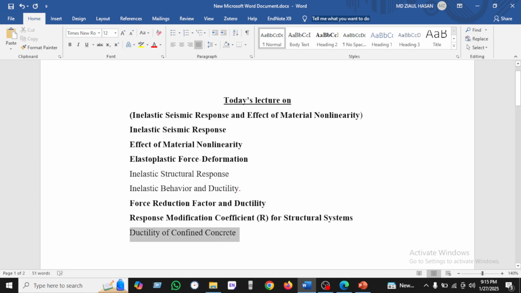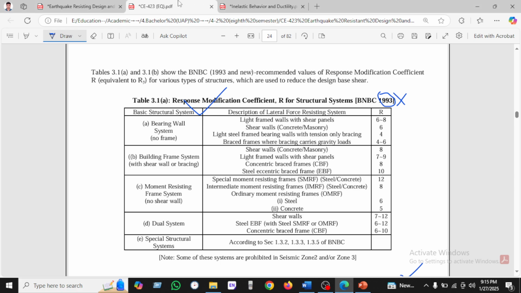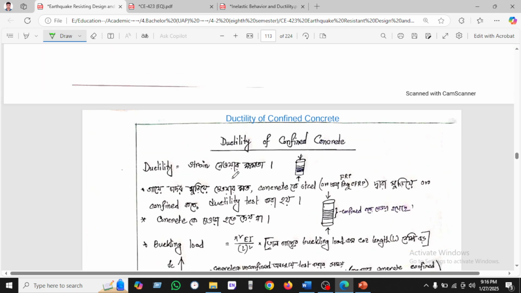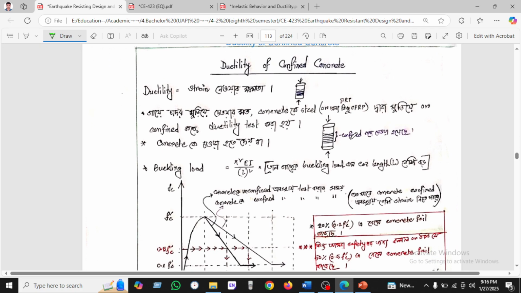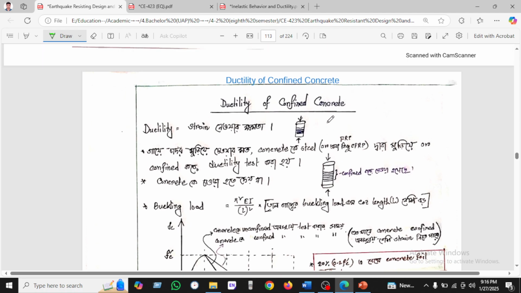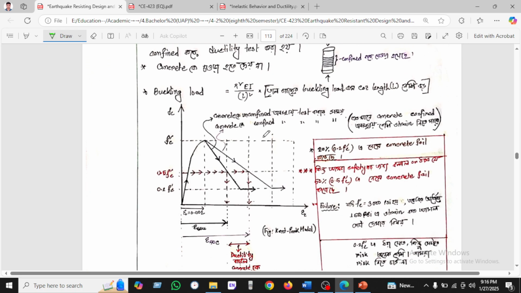Now we will look at ductility and confinement. Go to here: ductility and confinement area. Ductility of confinement means how much strain is available. When we discuss ductility of confined concrete, then we have to show the Kent-Park model.